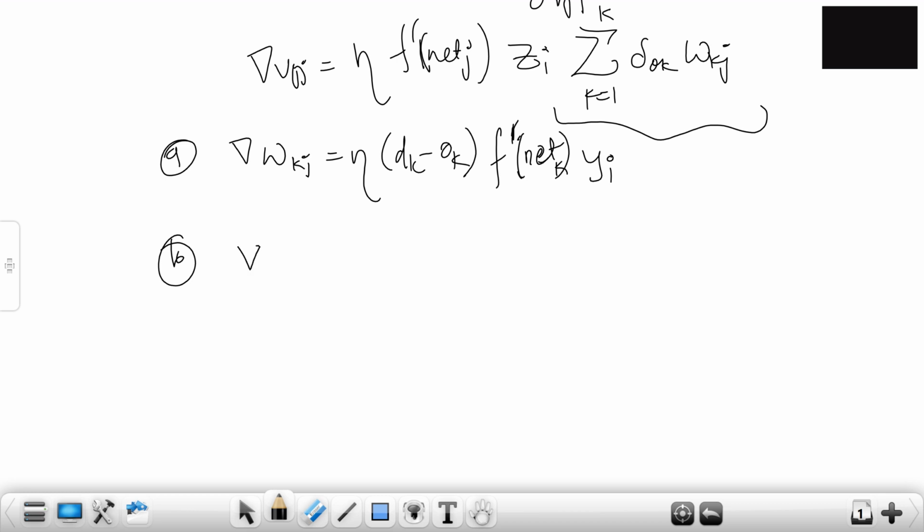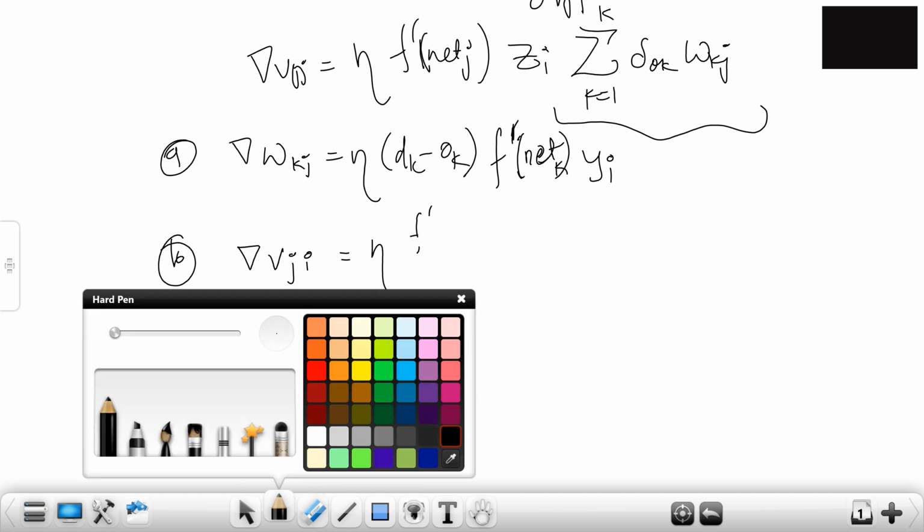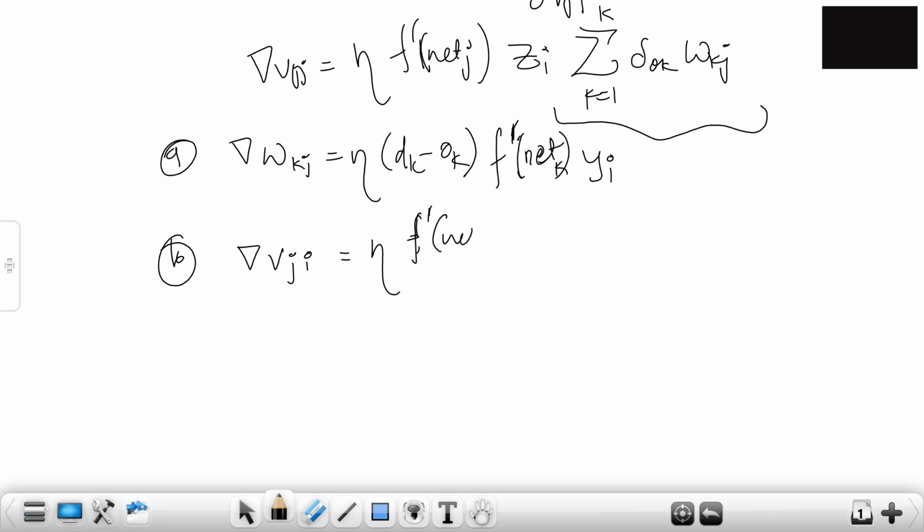Now here delta Vji equals eta f dash of net j, that's what we found, then Zi, summation k equals from 1 to capital K delta OK Wkj. Now this is what is going on in your derivation. Fine. This is the whole derivation that we have found.